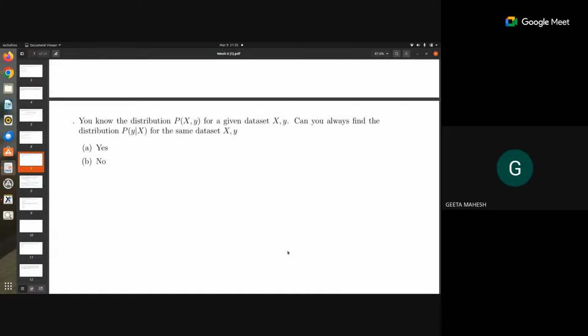Unless we know probability of y, how can we find it? But for probability of y given x, you need to find the probability of x also, right? But you'll have the training data with you, right? All the data set and the labels will be there.